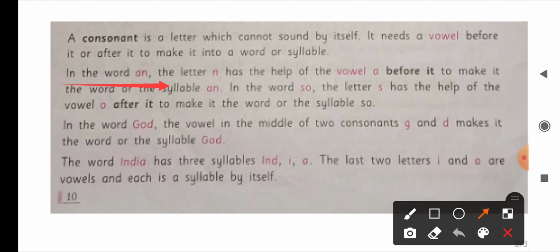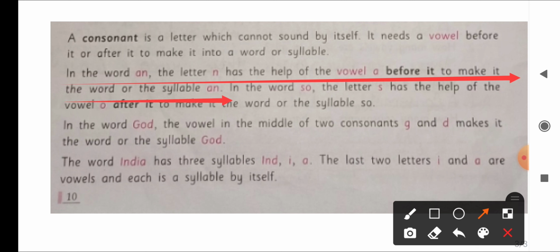In the word an, the letter N has the help of the vowel A before it to make it the word or the syllable an.